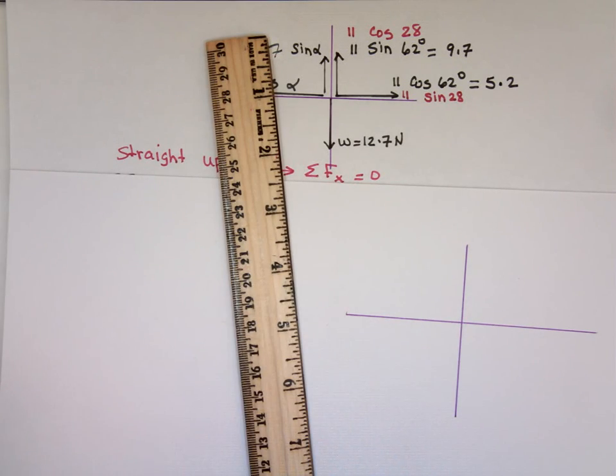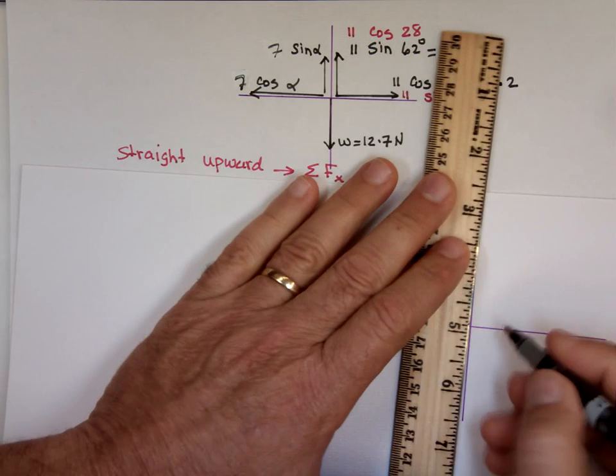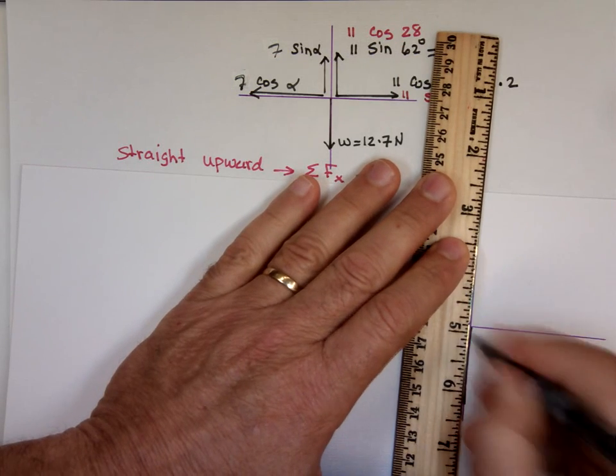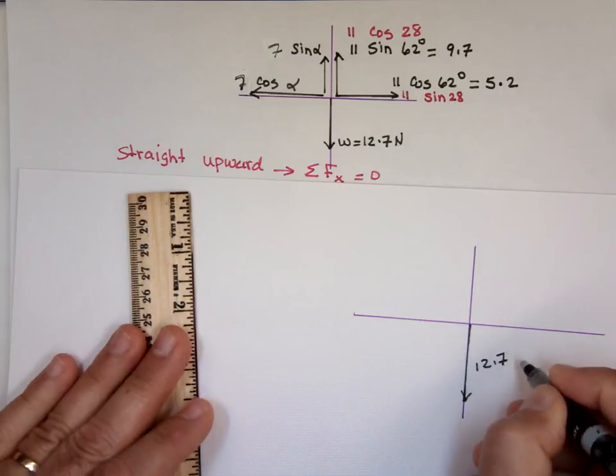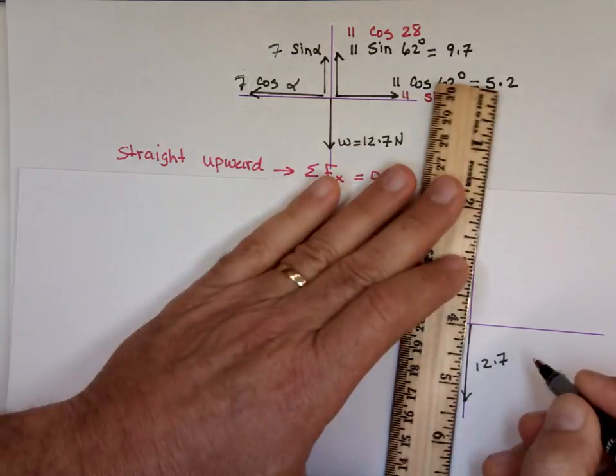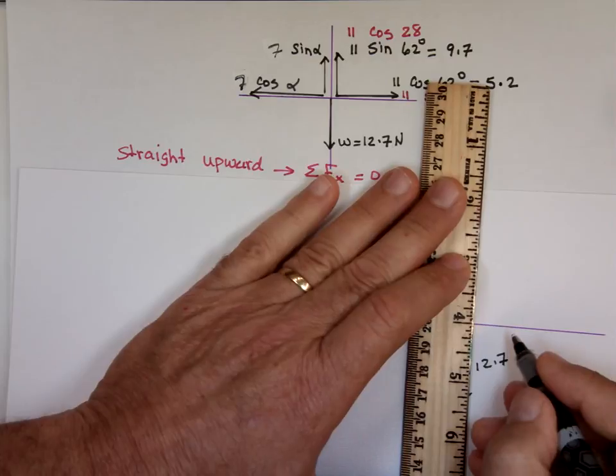We have 12.7 down. We have 9.7 up. I don't care about left and right. I'm just talking about up and down.